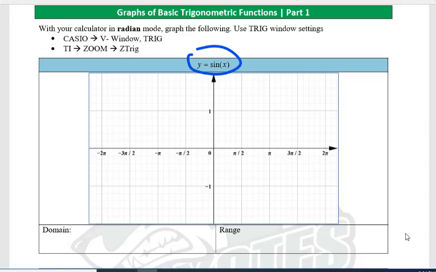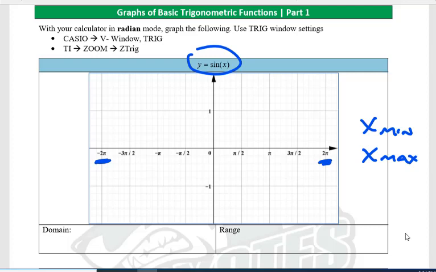And our window settings, we have them on the graph, and so you can go from negative 2 pi on the left to positive 2 pi for your x window settings, so that you're going to change your x min and your x max to accommodate those. Your y min and your y max, let's go from negative 2 to positive 2.